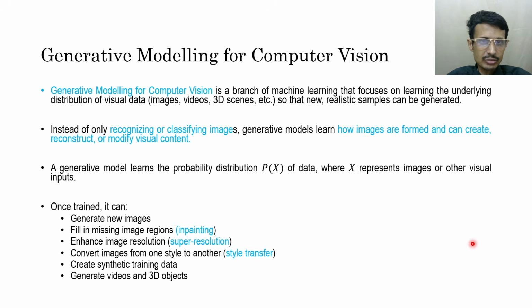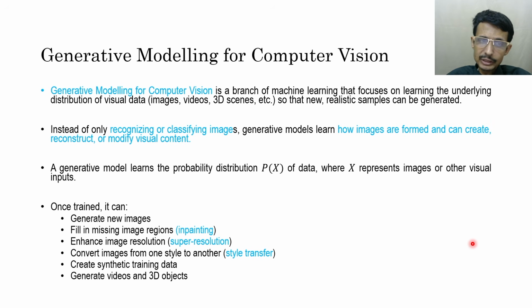This may be images, video, 3D, volumetric things. We also know a generative model learns the probability distribution P of x of data, where x represents an image or other vectors. So first we have to concentrate on what kind of computer vision task a generative model is used for.